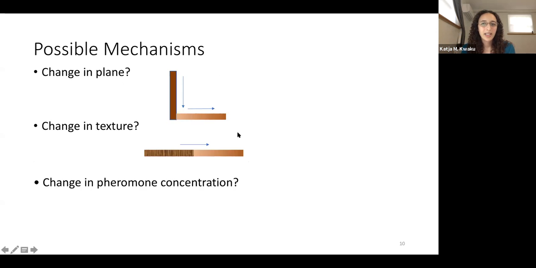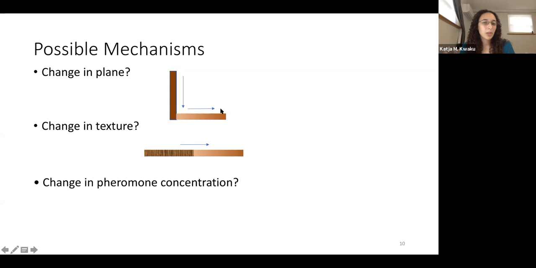And then finally, I just wanted to go over some possible mechanisms that could be responsible for this apparent preference for transferring at the base. That could explain why the ants seem to view the base of the tree as a trail junction. So first, they could think it's a junction because they're detecting a change in plane, just going from vertical to horizontal from the trunk to the ground.